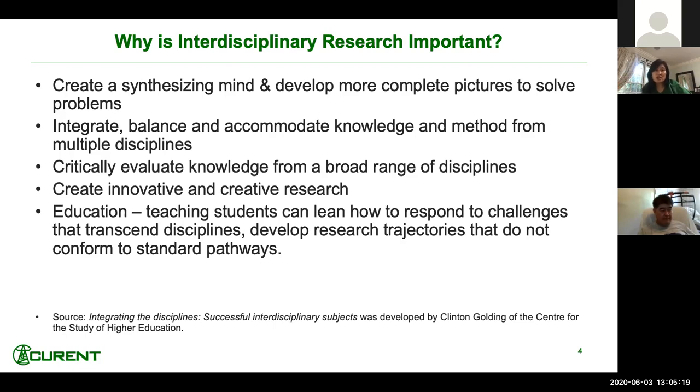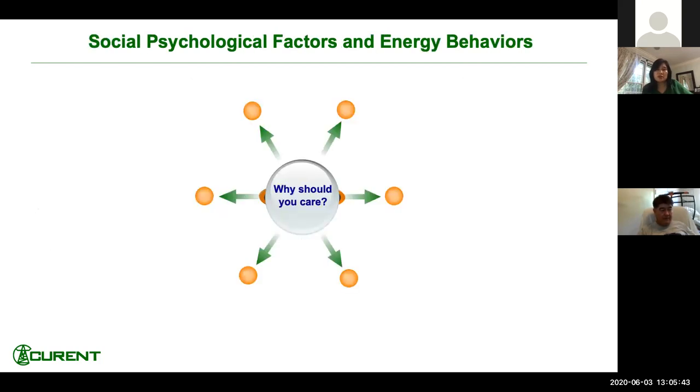In education, we hope to teach students to have a broader understanding of energy issues or other issues than just focus on the technical details. So this is the purpose of interdisciplinary or transdisciplinary research, and its importance for researchers and also for students.